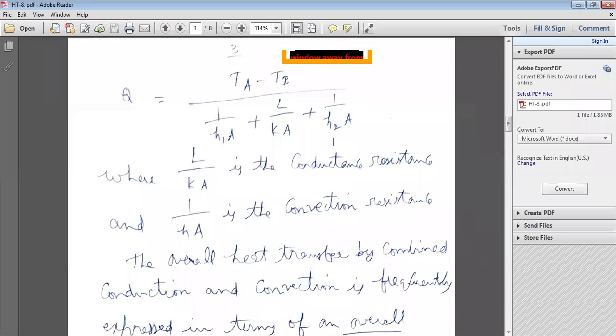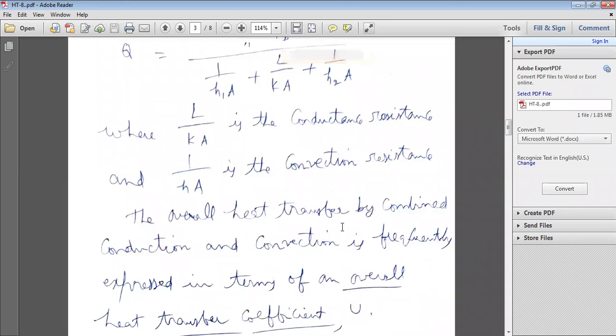So L by K A is the conduction resistance, and 1 by H1 A or 1 by H2 A is the convective resistance.